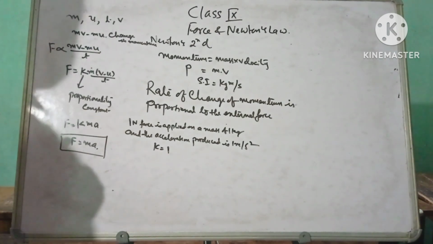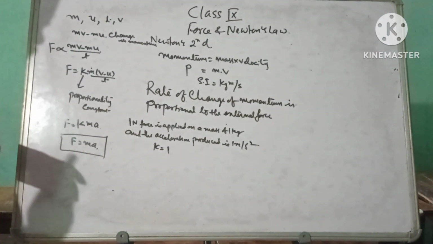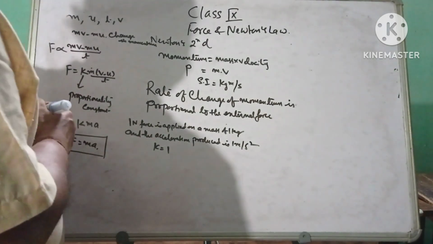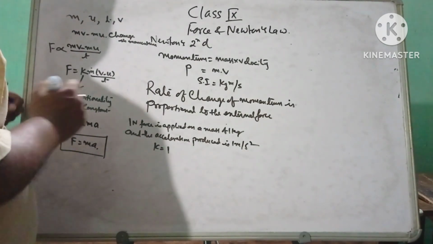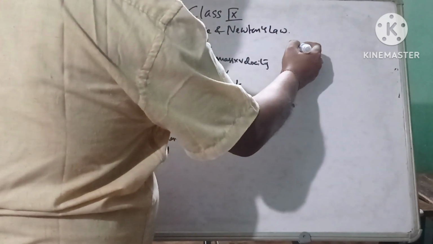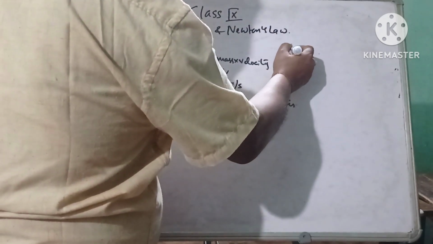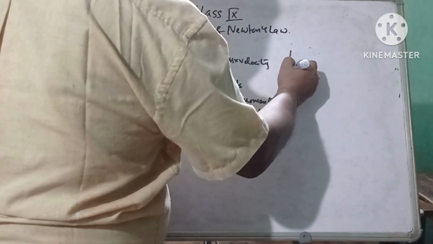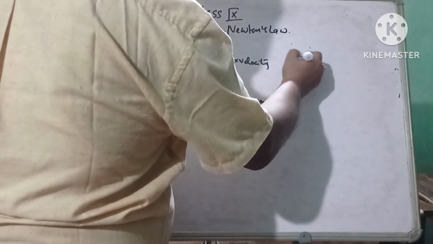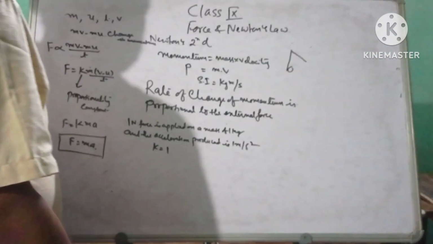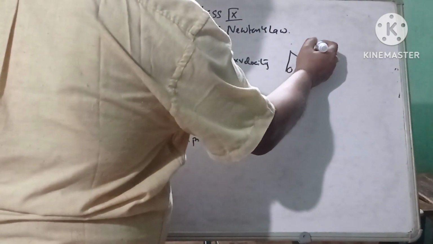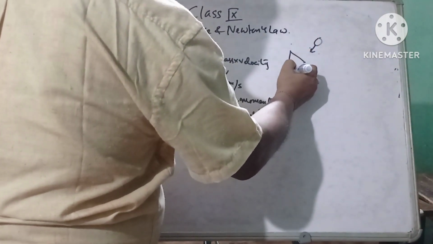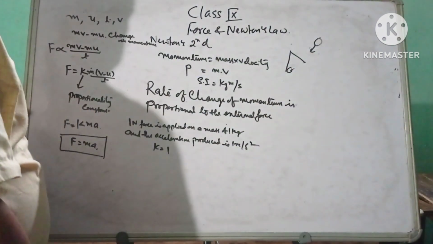For example, when a cricket player catches a ball, he shifts his hand a little bit backward to catch the ball.